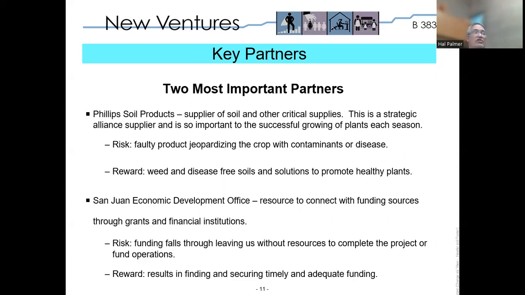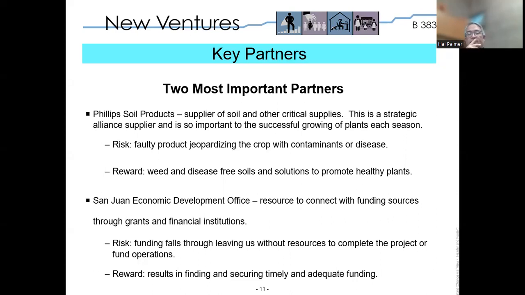So this would be a very strategic partner alliance, and it's so important to the success of our growing product. The risk with a company like this is that they provide faulty product, jeopardizing the crop. Maybe they have contaminants or disease in their product that isn't compatible with growing tomatoes and cucumbers.